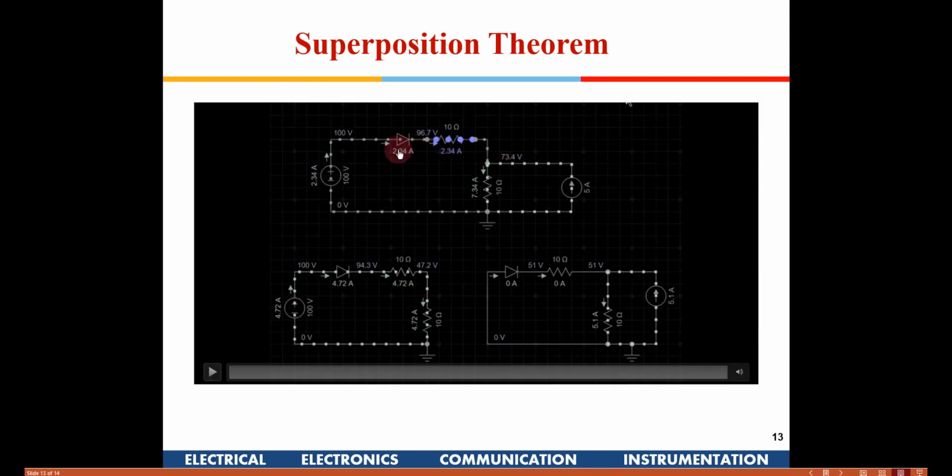Here if you see, I have connected a diode. We said in superposition theorem that it has to be bilateral and linear. So this is obviously not a linear circuit, because I have put a diode in this place, right. If I do the simulation, in the first place I am putting a 100 volt source here.